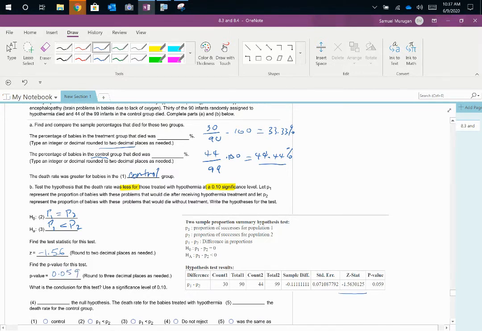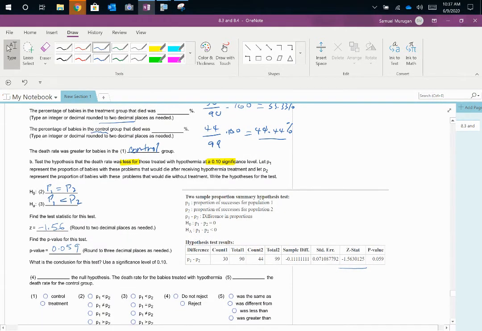Okay, now 0.059 is still less than 0.10, because they changed that significance level to 0.10. Remember that. It would have been greater than 0.05, but it's less than 0.10.